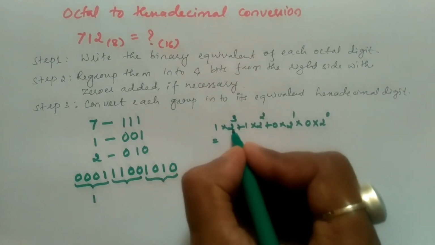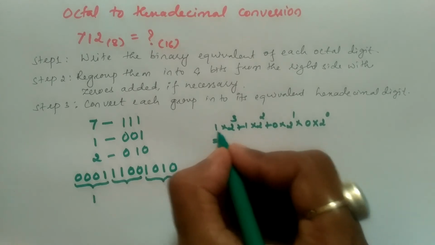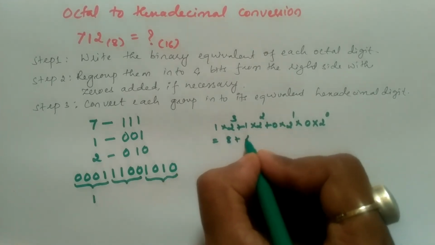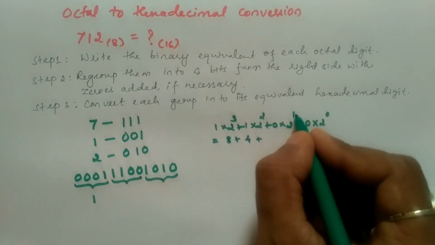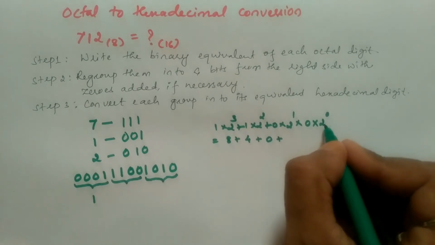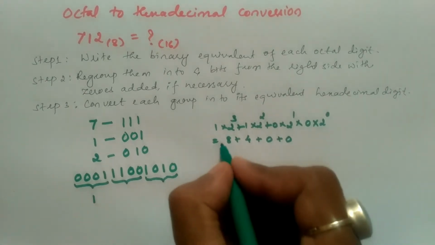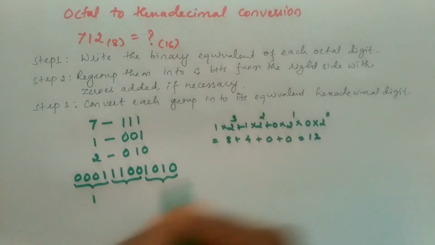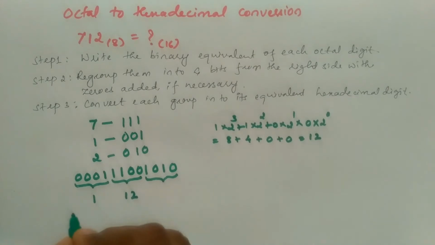Simplifying, 2 to the power 3 gives me 8, 8 ones are 8, plus 2 to the power 2 is 4, 4 into 1 is 4, plus 2 to the power 1 is 2, 2 into 0 is 0, plus 2 to the power 0 is 1. Anything raised to 0 is 1, and 1 into 0 is 0. So 8 plus 4 gives me 12. So I can write this as 12.